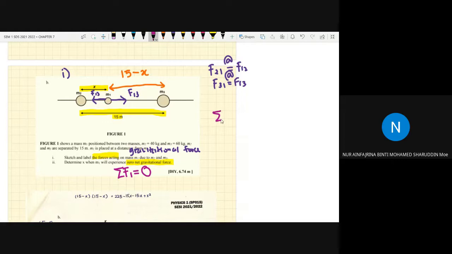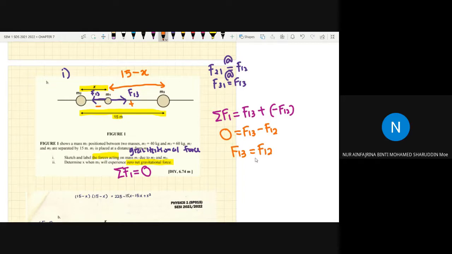Dan kita tahu summation of force in mass 1 sama juga dengan F13 tambah dengan negative F12. As I told you before, if it is to the right, it is positive. If it's to the left, it is negative. Dan dia adalah 0. So F13 minus F12. When you rearrange the equation, you will get F13 equals to F12.